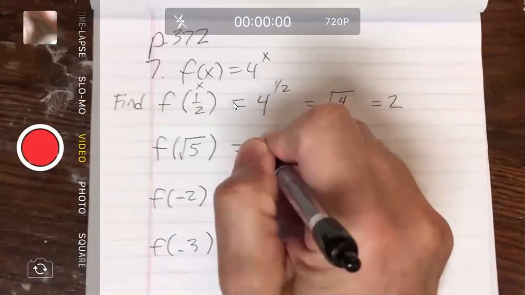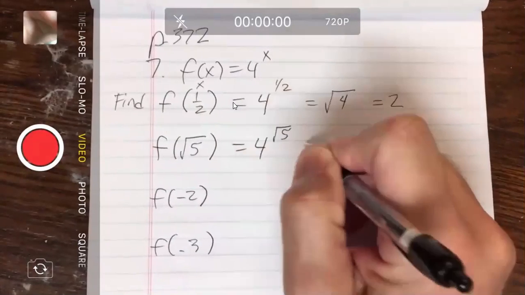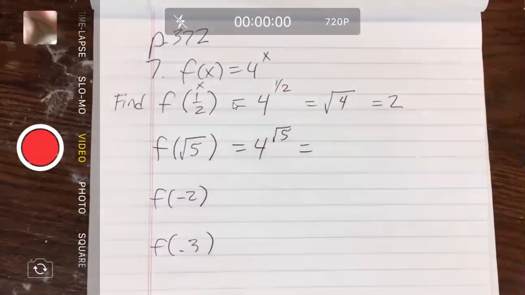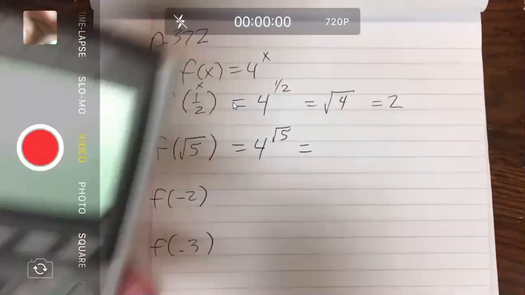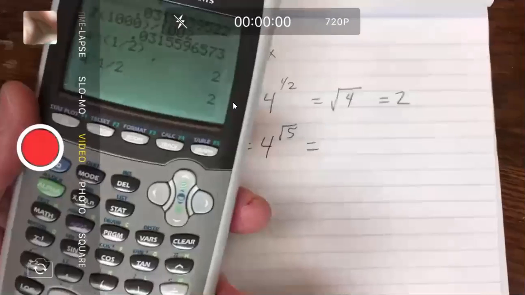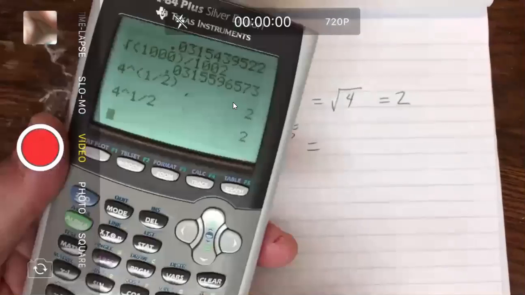4 to the square root of 5. You'll have to just punch that out. 4 raised to the square root of 5. It'll catch up. Froze again.